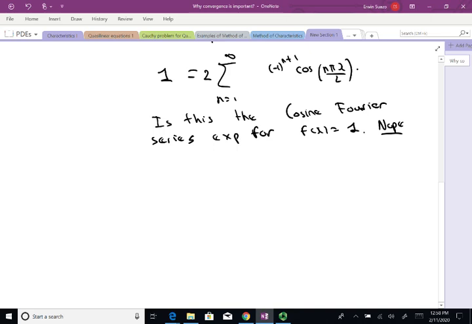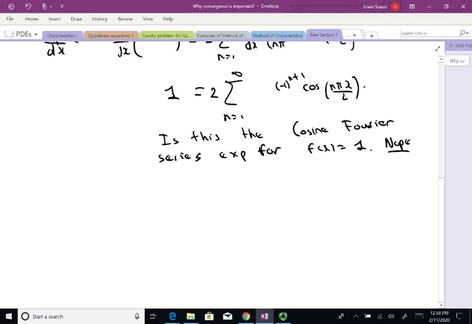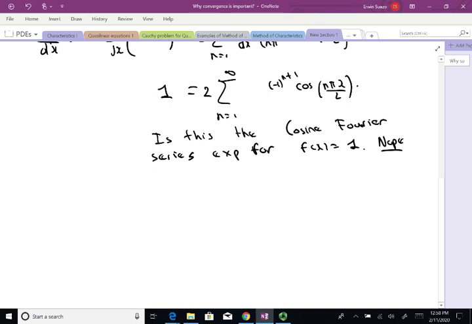It's called distribution theory, or weak derivatives. And this is mathematics from 1960, so this is recent mathematics, because all this other mathematics is old. This Fourier series is also old, not as old as calculus, but still old.